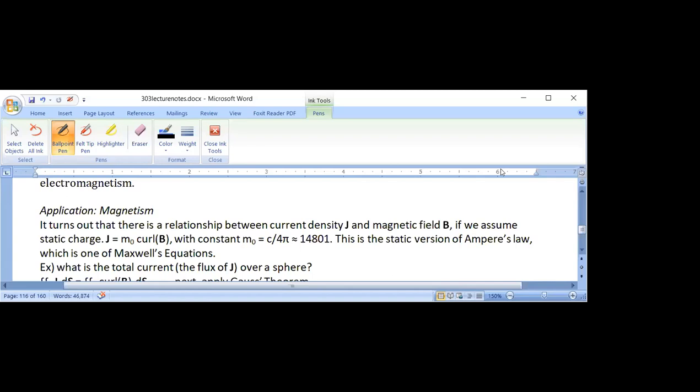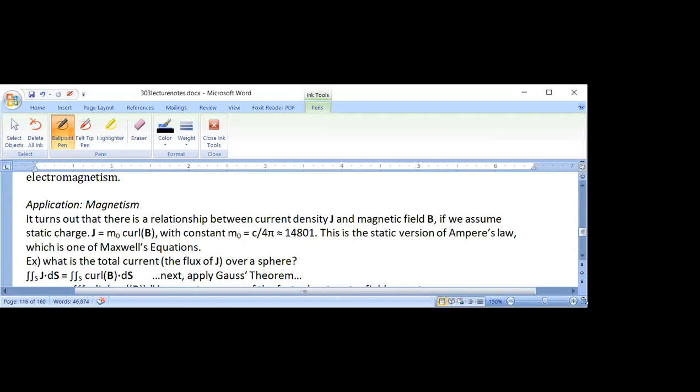Now we ask the question, what is the total current? And current is the flux of J, because we're integrating the current density, if we take our surface to be a sphere. Let's take a look. We know that the flux is just the double integral over the surface of J dot dS.